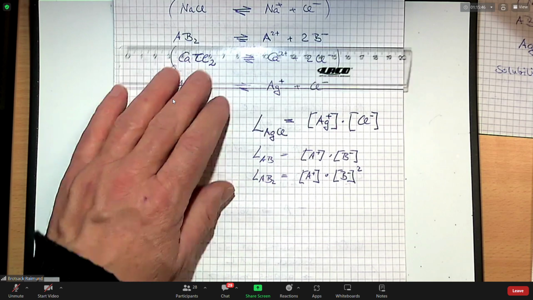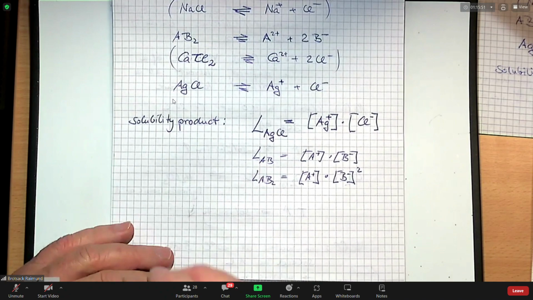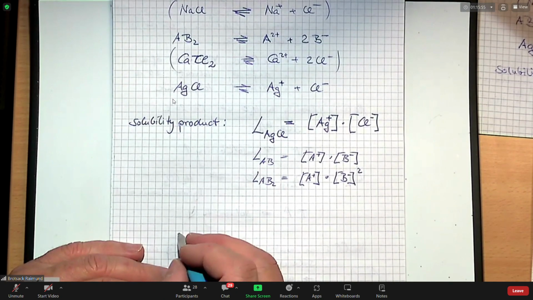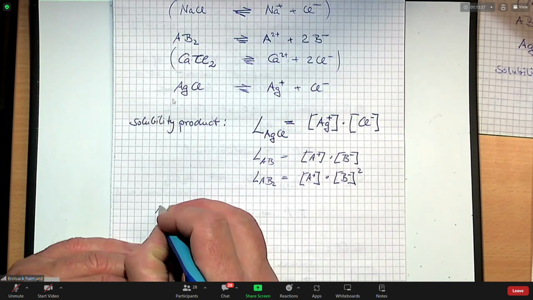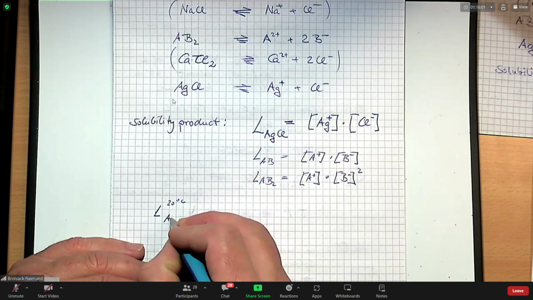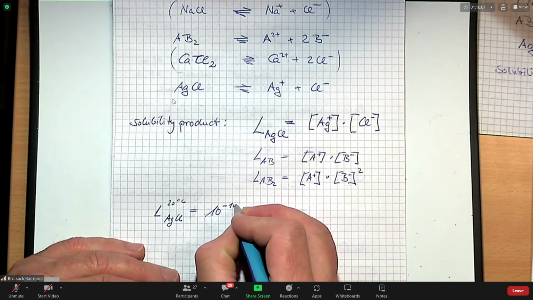The solubility product for silver chloride is a famous example, and it's discussed quite often in literature. L at 20 degrees Celsius for silver chloride is 10 to the power of minus 10.